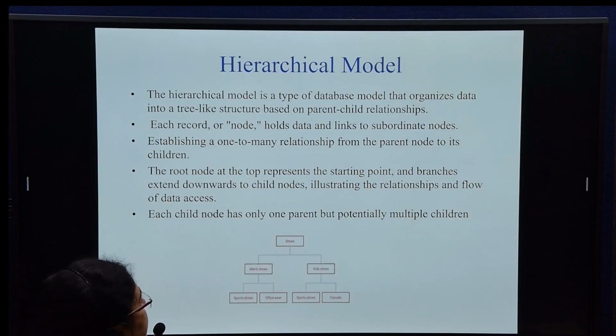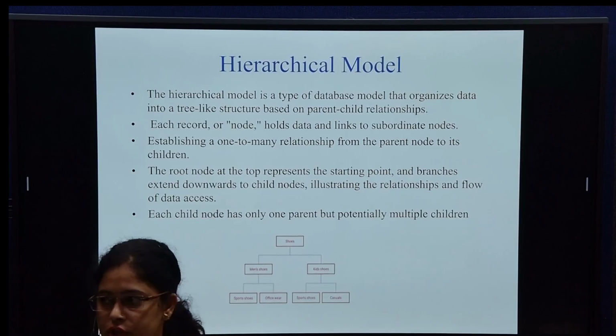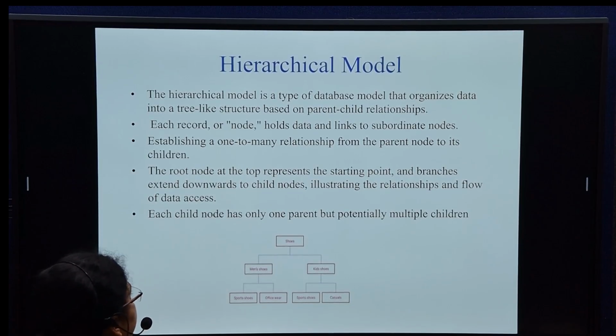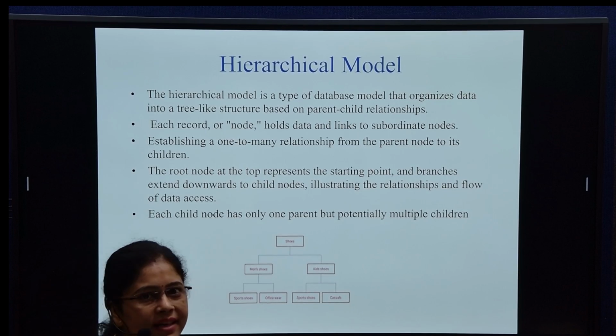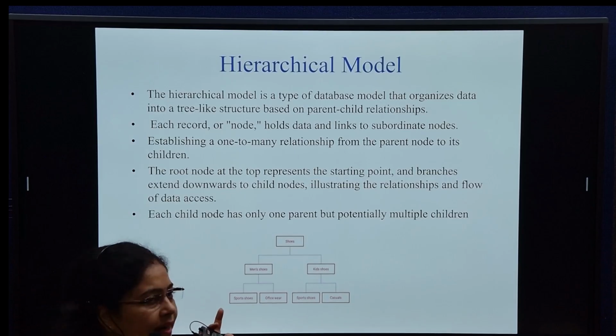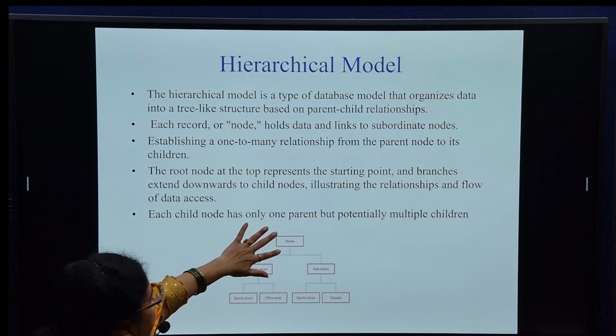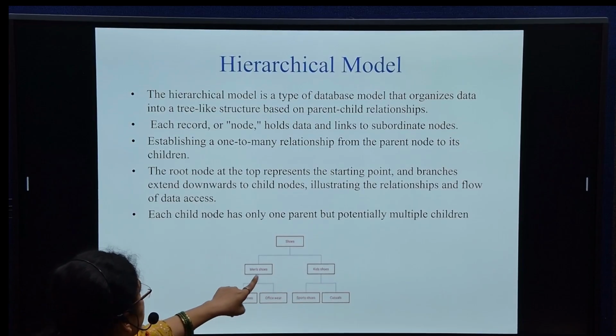First one is the hierarchical model. The hierarchical model is a type of database which organizes data into a tree like structure based on parent-child relationships, where each record is a node which holds the data and links to the subordinate nodes.